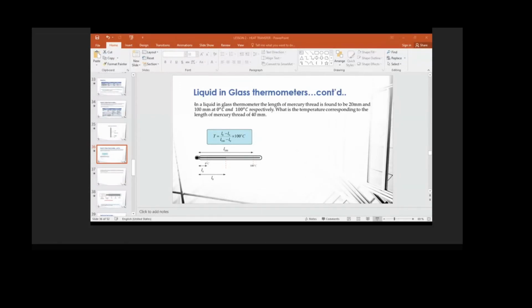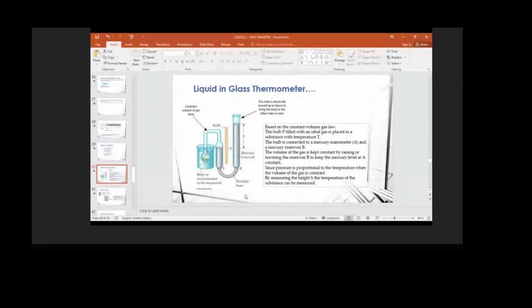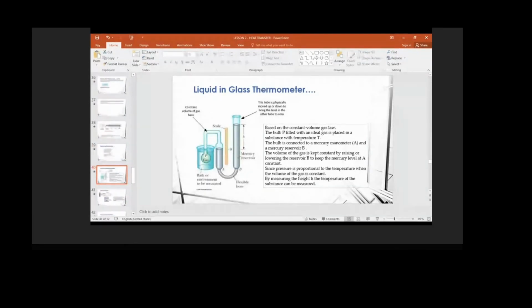All right. You have what is called the liquid-in-glass thermometer, which looks like that, where we just have a gas in a bulb and a liquid in a tube. So based on the temperature that the gas experiences, it will push the pressure onto the liquid, and the liquid volume, the liquid height, will change in that tube.